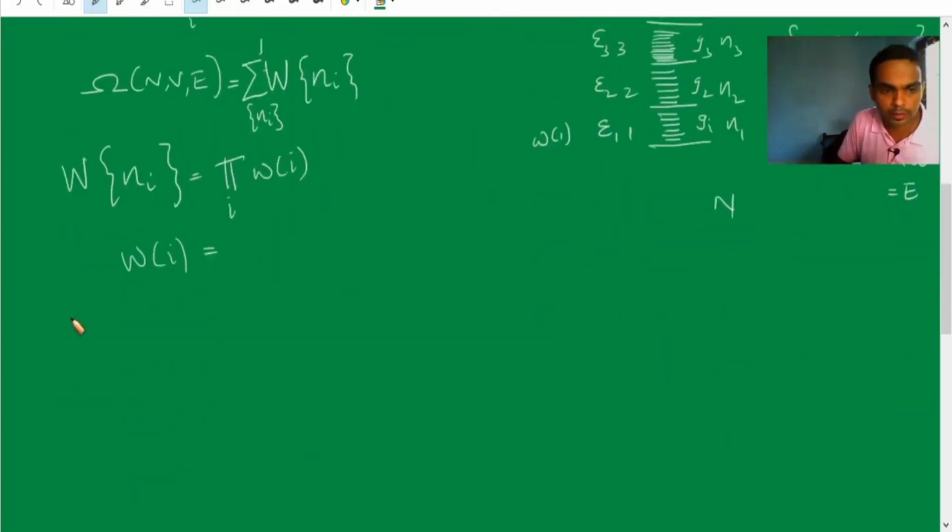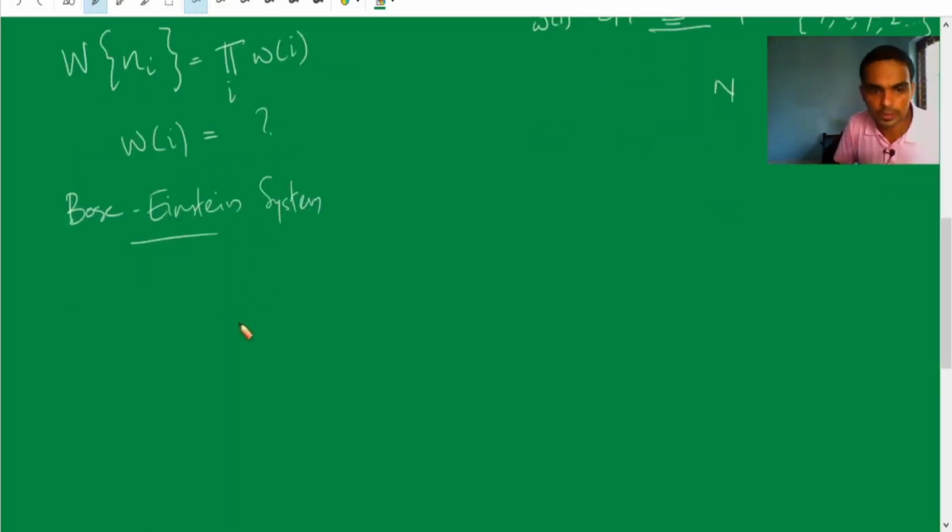So omega of i for the Bose-Einstein system. Our aim is to find out omega of i. Okay, so let me draw our ith cell horizontally, and there are Ni number of particles.